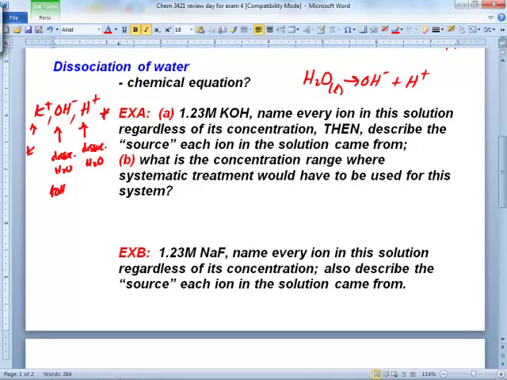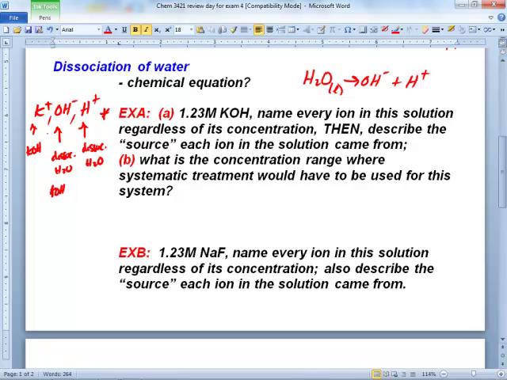So I don't know if you remember doing this kind of thing, but the point of it was to find something that only came from the dissociation of water. And that's the H plus in this case. If you remember doing the question, it was worded something like, in 1.23 molar KOH, what is the percent of hydroxide that is from the dissociation of water?